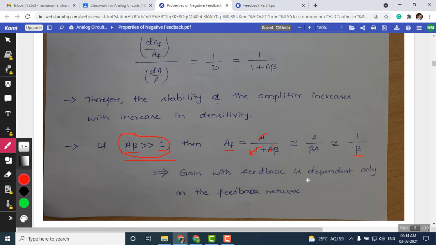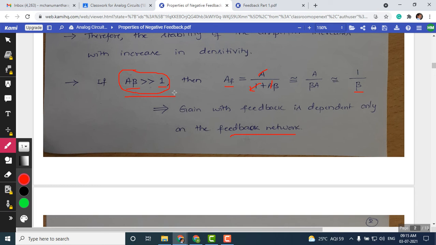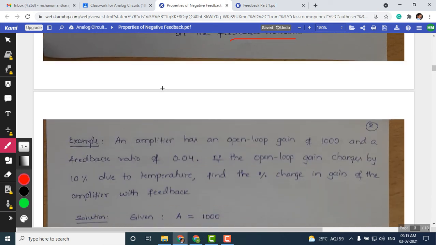We can make the gain with feedback insensitive to the amplifier parameters, which you can achieve by meeting these conditions here. Okay. So, gain with feedback is dependent only on the feedback network. That is the outcome of this assumption.